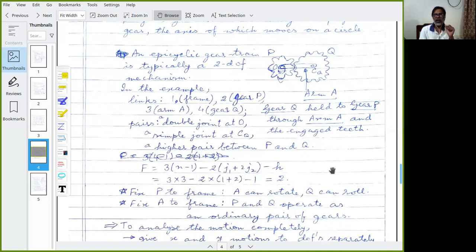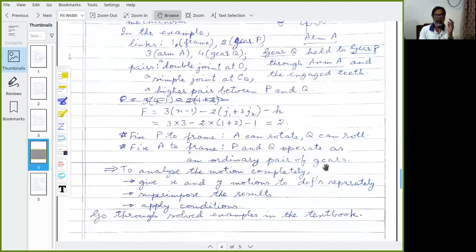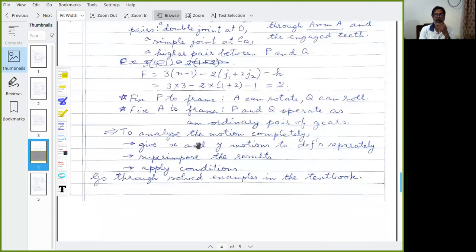Now, to analyze the motion of such gear trains completely, you would typically give a motion X to one of the freedoms, say the motion of P relative to the frame, and then give another motion Y to the other degree of freedom, say the motion of the arm relative to the frame. Then add up the corresponding effects on each of the links, each of the gears, and so on.